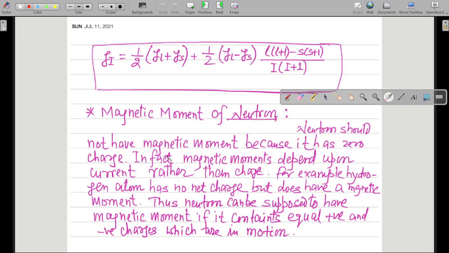In fact, magnetic moments depend upon current rather than charge. Magnetic moment does not depend on charge alone. Even if a chargeless particle is producing current, then magnetic moment might be created. According to the quark model also, what is a neutron?